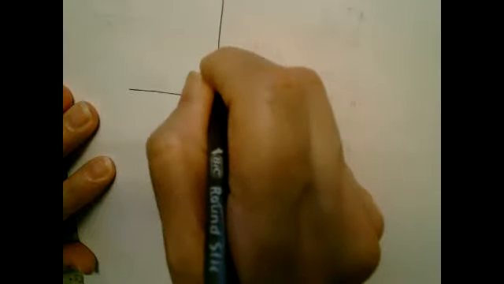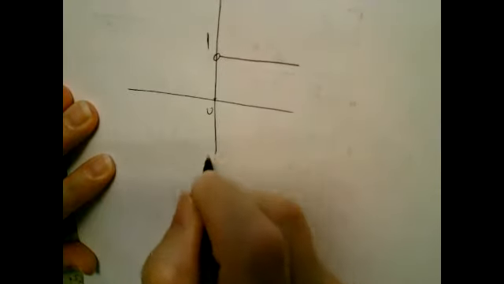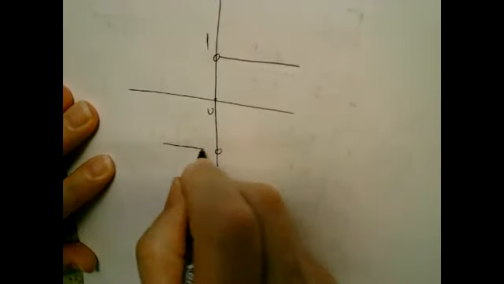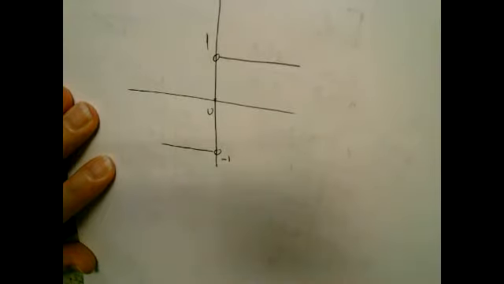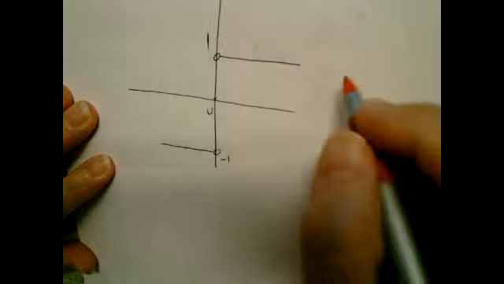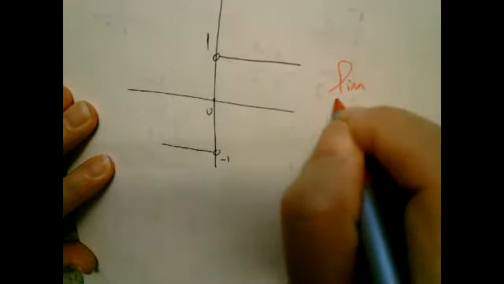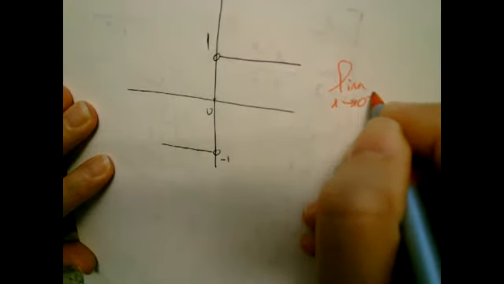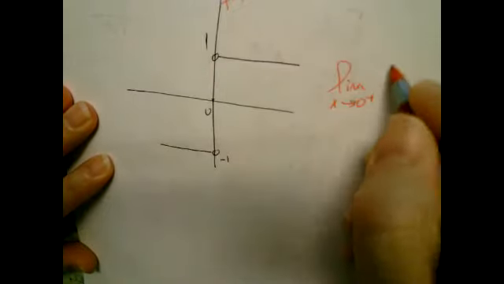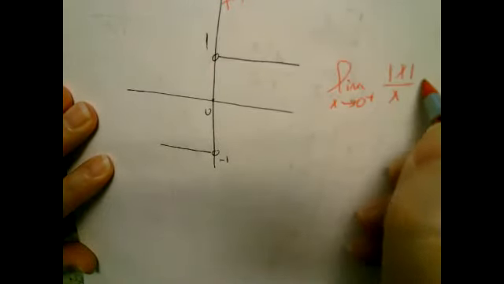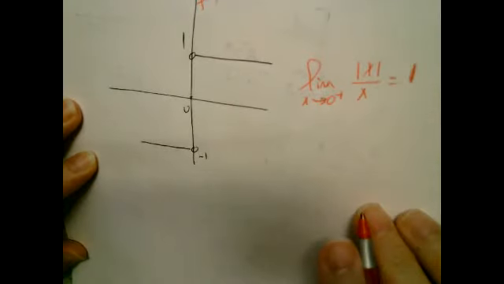All right. So in the problem that we did a minute ago, this was my 0, and we had some values becoming close to 1 and some values becoming close to -1. So in this scenario, graphically at least, we say that the limit as x becomes close to 0 from the positive of my function, the absolute value of x, is equal to 1.